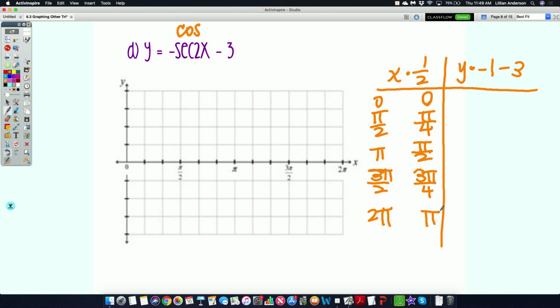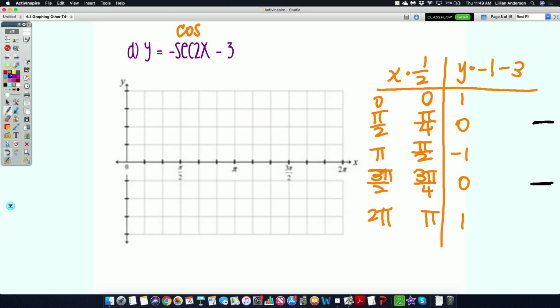And since this is cosine, you start at 1, 0, negative 1, 0, 1. So I already know my asymptotes are going to occur at pi over 4 and 3 pi over 4 because that's where my zeros would have been.